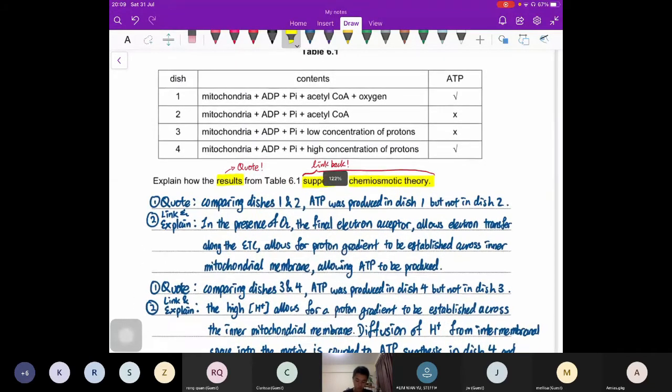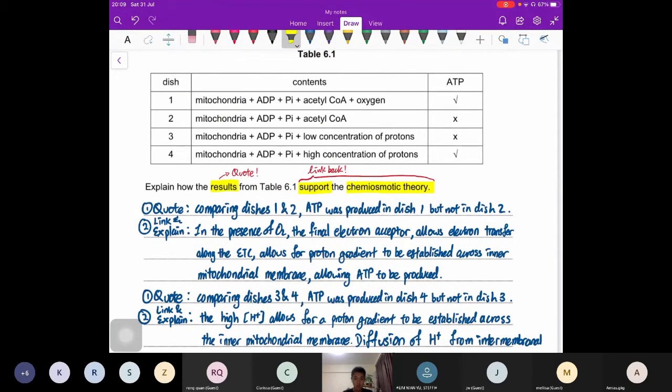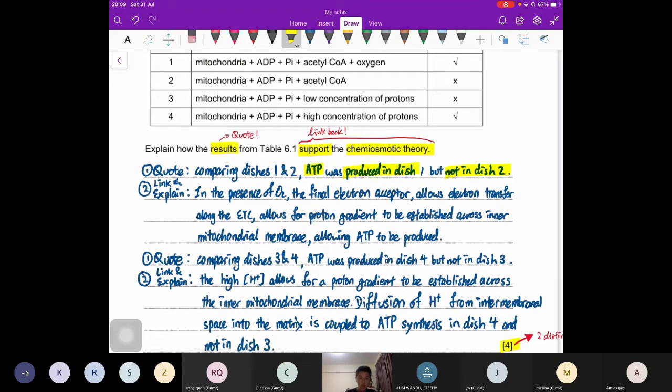So the first comparison I took was comparing between 1 and 2. So comparing between 1 and 2, ATP was produced in 1, but not in 2. Okay, so that's my quote, and that's the difference. Okay, so now I link it and I explain why.